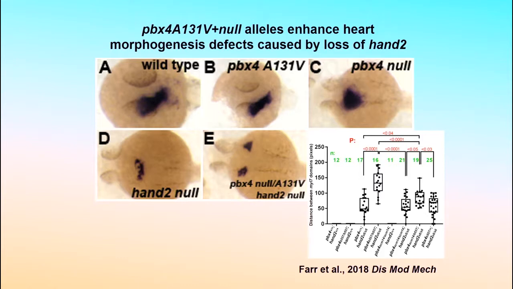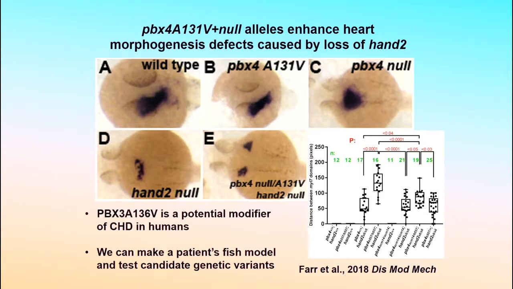And we were able to quantitate the effects of these alleles by measuring the distance between these two domains. And essentially what we showed is that this A to V allele does seem to act as a modifier of HAN2 in zebrafish heart development, which suggests that in humans this Pbx3 allele could be a potential modifier of congenital heart defects in humans, potentially depending on what other mutations these patients are carrying.